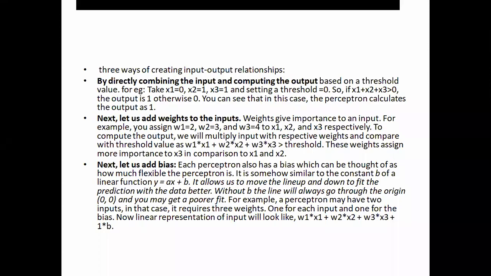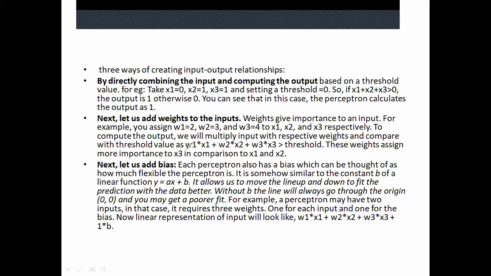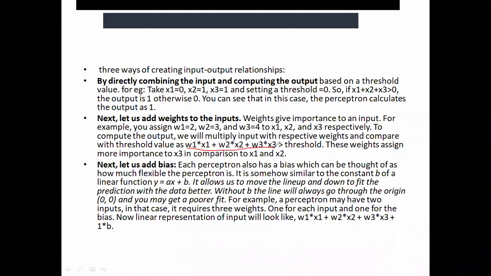Okay, so this way we can calculate the output by taking the summation of the inputs, but usually we don't take that. We multiply each input by its weight and then we take the summation. But again, we don't take simply this. Why? Because we have already seen in linear regression that the regression line is mx plus b.